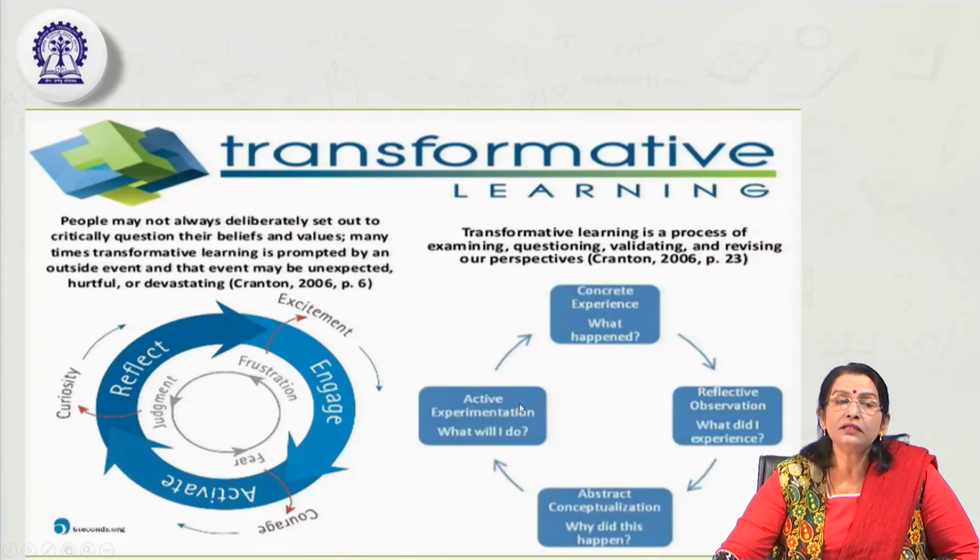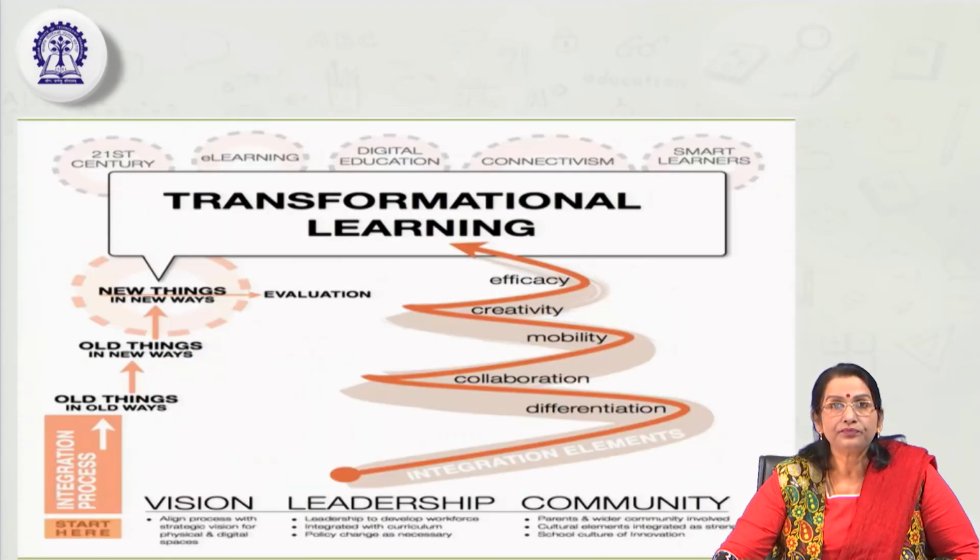If we find that this much is productive and beneficial, then only that much will continue with us and be embedded in our learning system. This is the transformative learning framework, and it is very much required for sustainable education. Transformative learning involves efficacy, creativity, mobility, collaboration and differentiation. These are the integration of the model.